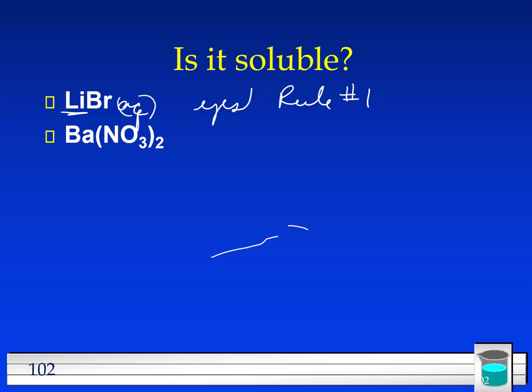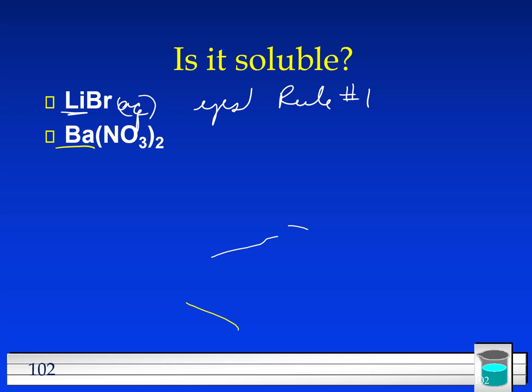Will barium nitrate dissolve in water? So I look at it one piece at a time. Barium. Is barium an alkali metal? No. So rule 1 I don't have to worry about.